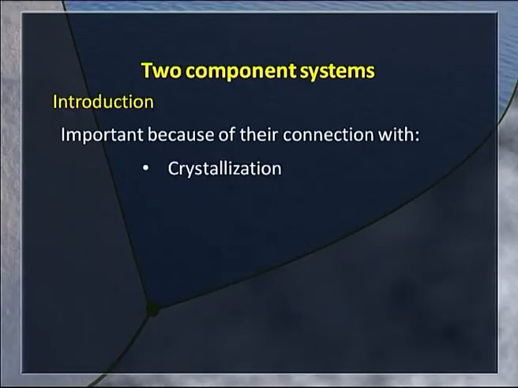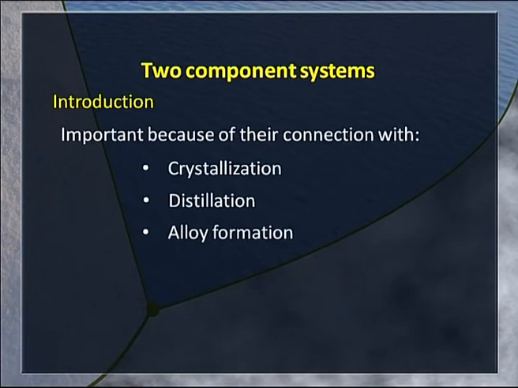These systems are important because they deal with crystallization problems, distillation, alloy formation, extraction. We can apply phase rule equation to two component systems and see what we get.